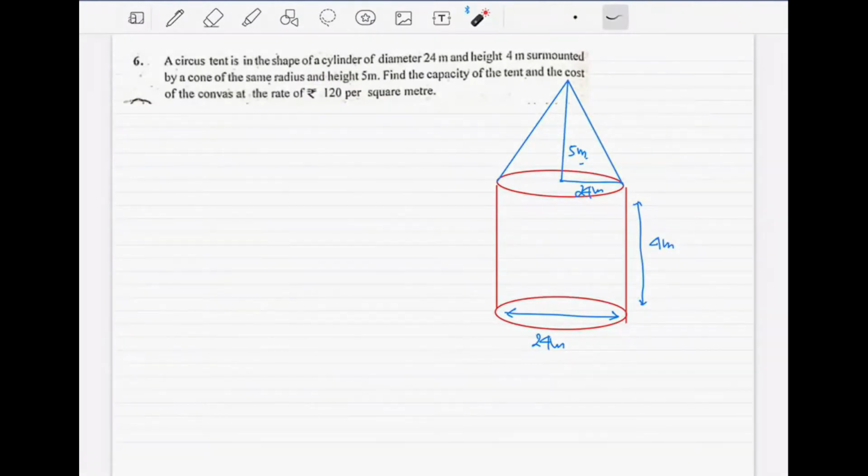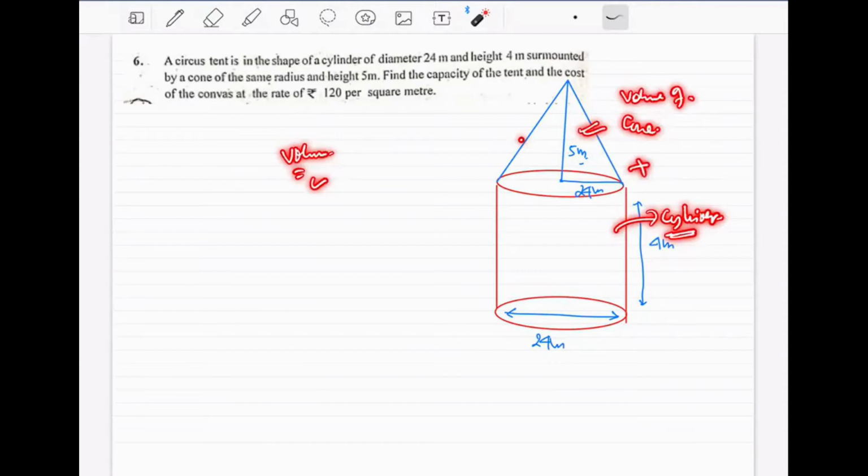First of all, we need the capacity of the tent, that means the volume of the tent. Since the figure consists of 2 portions, one the cone and one the cylinder, if I add the volume of cone plus volume of cylinder, we will get the volume of the whole tent.